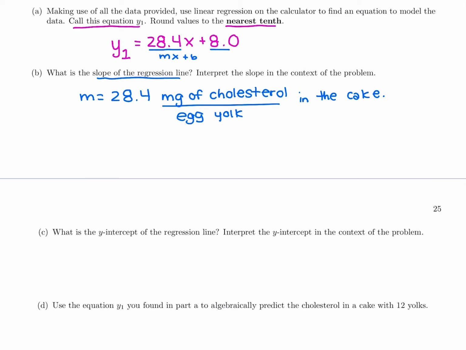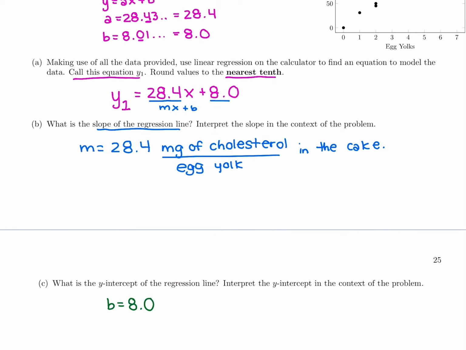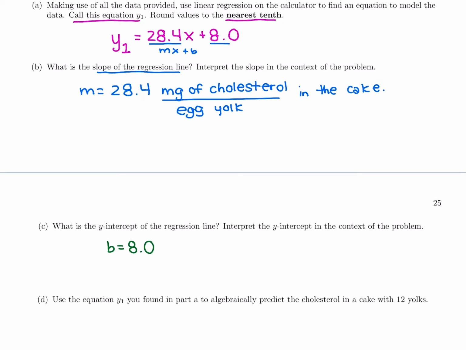So the y-intercept is going to be 8.0. And so that's the initial amount of cholesterol, right? Our y-intercept is the initial value that we're starting at.